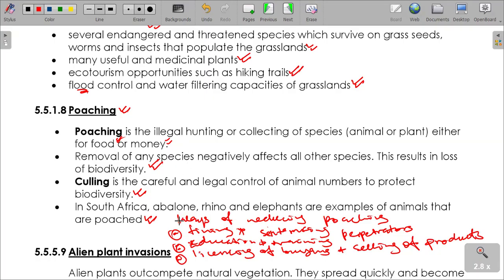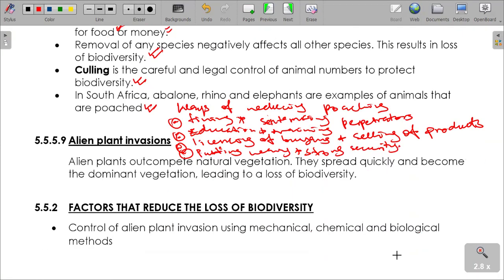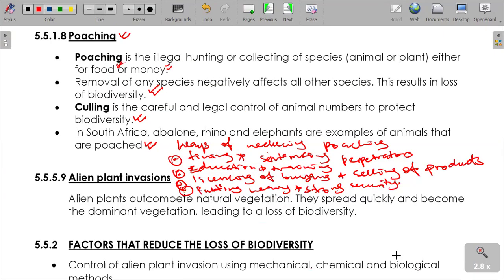We can also talk about putting in heavy and strong security, which is also very important. Security systems must be there, so that people do not bypass or trespass. Such things can also be done.